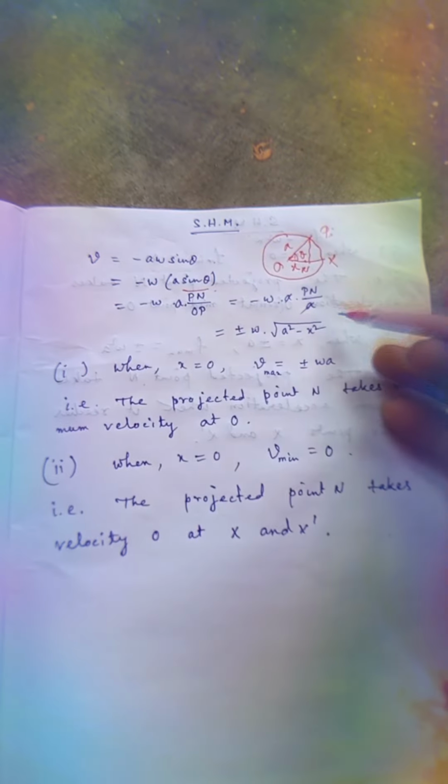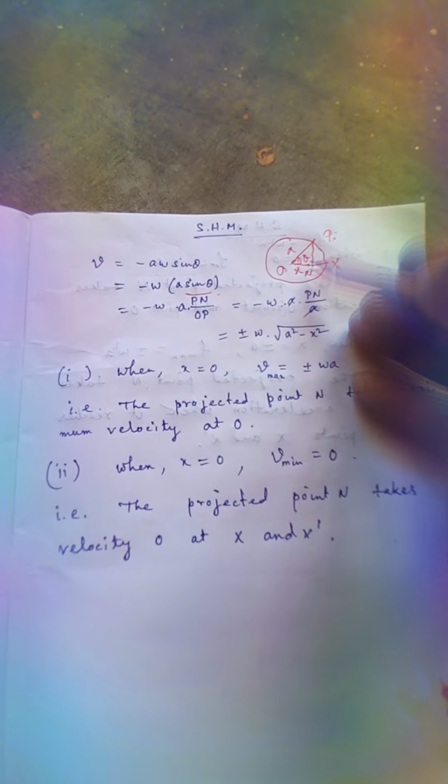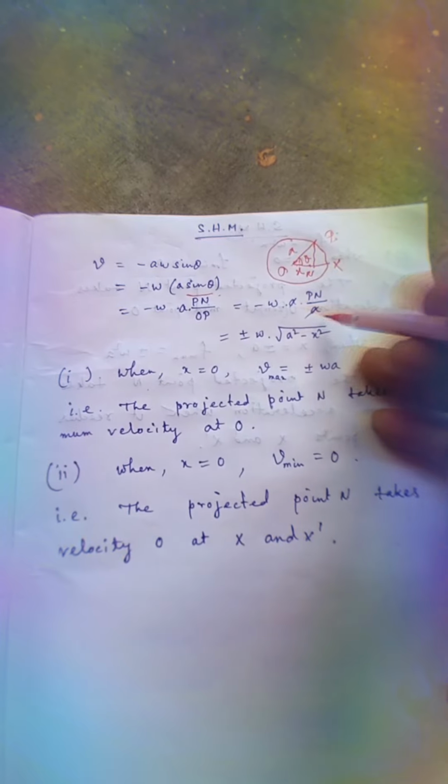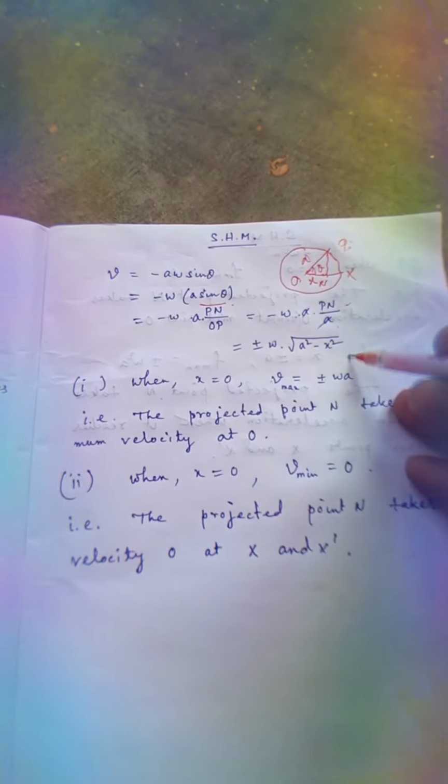OP is the radius, so it is equal to A, and so they cancel each other. Then PN, by the Pythagorean theorem, is root over a square minus x square. So this is plus minus root over a square minus x square.